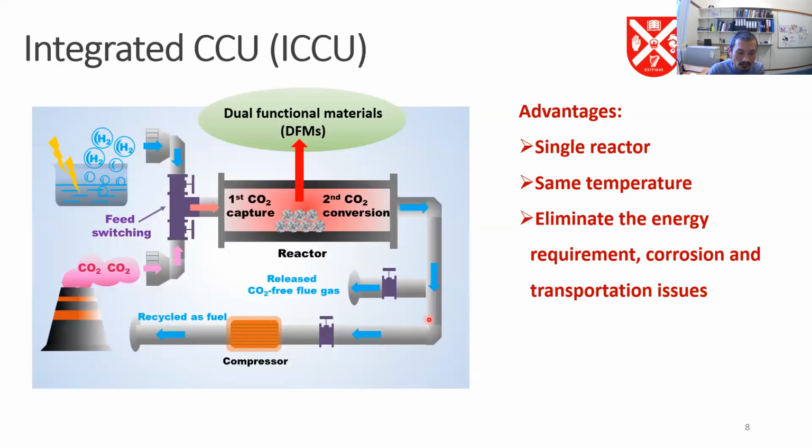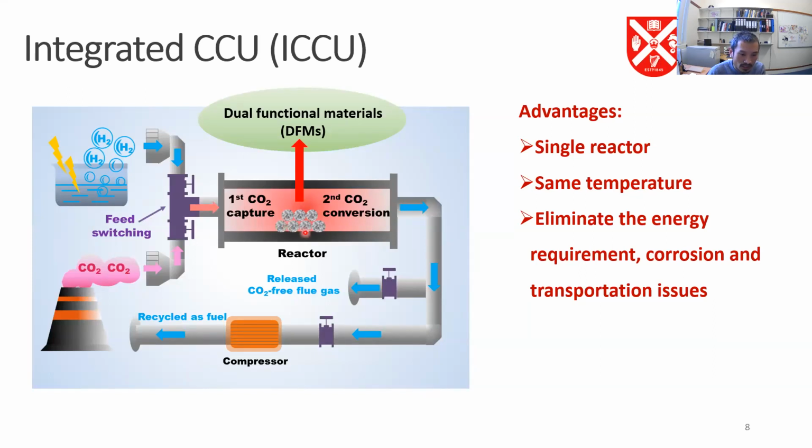So in this presentation, we want to introduce this integrated CO2 capture and utilization. We call it ICCU, or some groups call it integrated CO2 capture and conversion, ICCC. In this case, we only use one reactor, in the presence of dual function materials, which have two functions: catalyst and solvent.